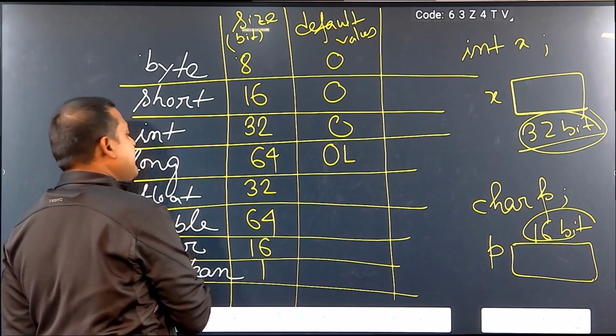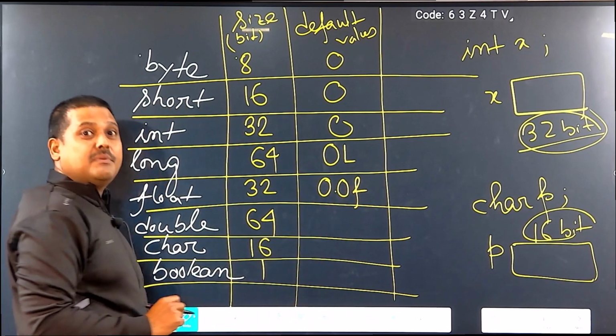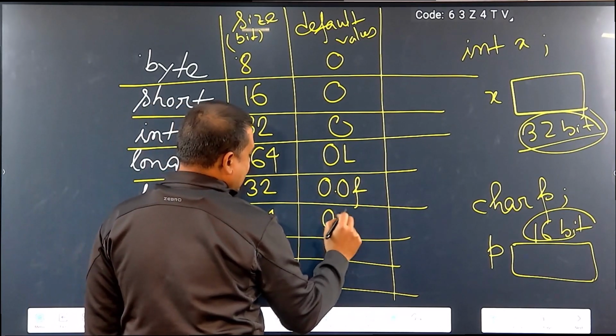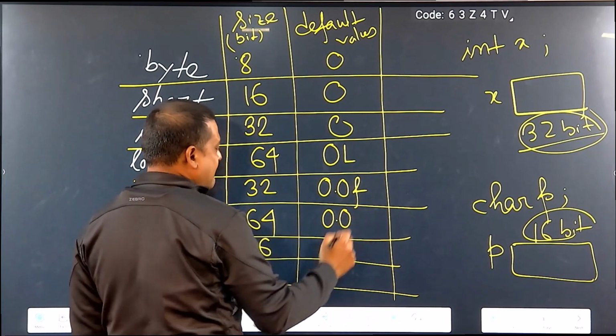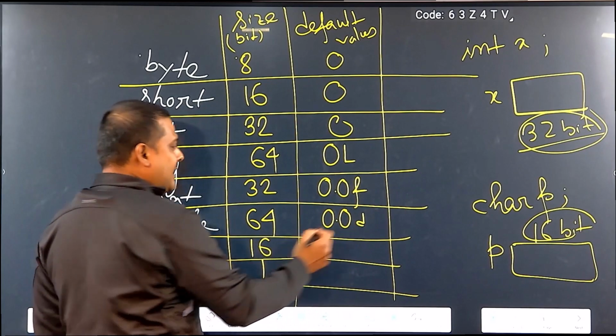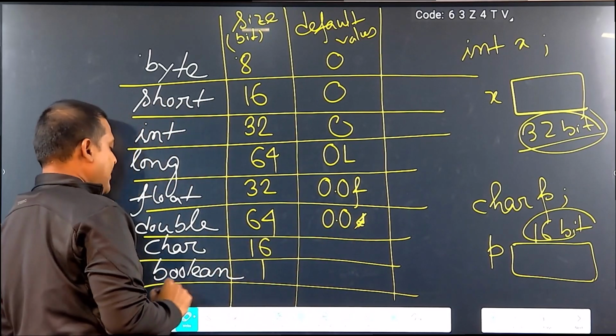Floating point is like 0.0f, and this f must be mentioned. Double is 0.0, or sometimes we can write d also. If you do not write it, by default it will understand it as the default value.